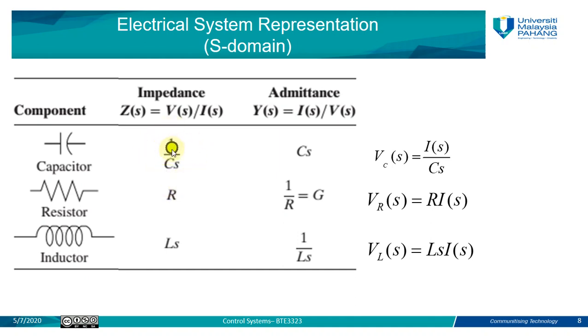So if the capacitor is 5 farad, it becomes 1 over 5s. If the capacitor is 2 farad, it is 1 over 2s. Same for the inductor: if the inductor is 2 henry, the impedance becomes 2s. If the inductor is 10 henry, the impedance becomes 10s, and so on.